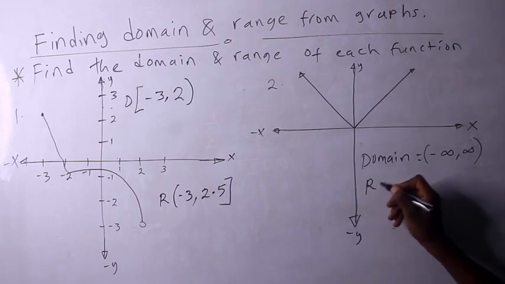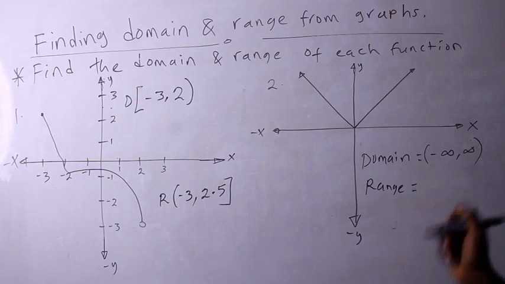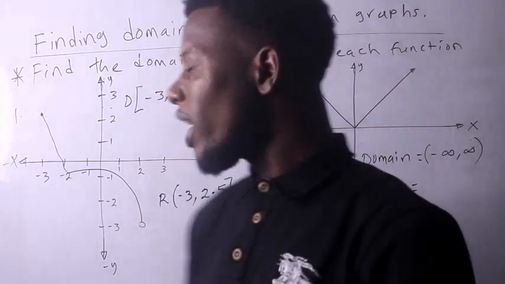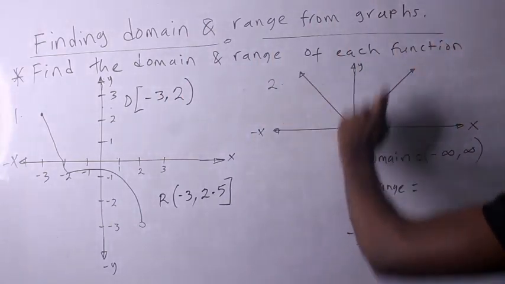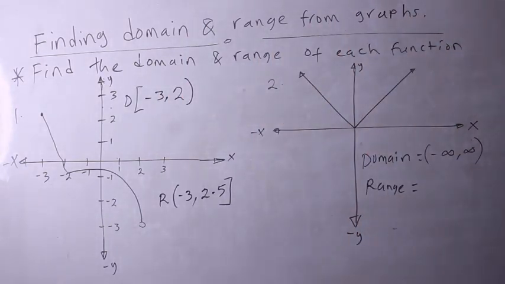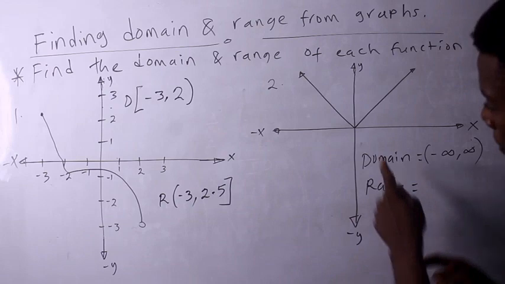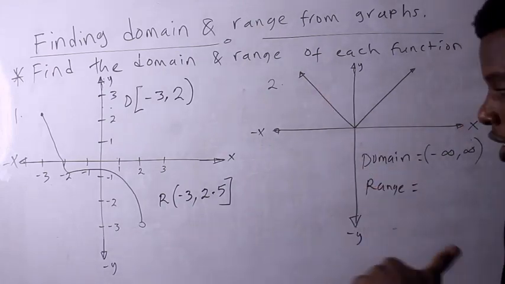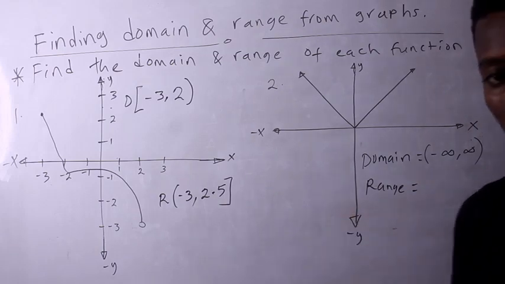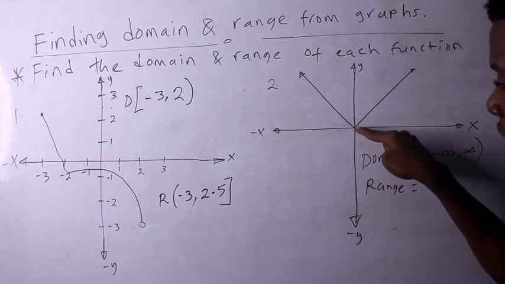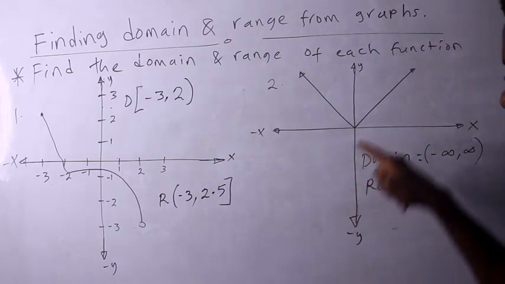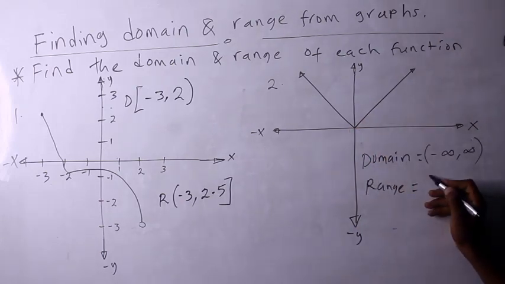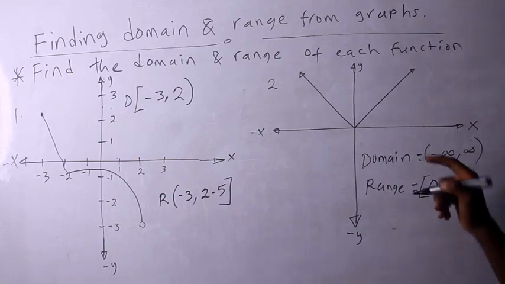What about the range? The range of this function is the set of y values, right? So look at this graph. What is the y value? Again, we start from the least to the greatest. But we see that the graph doesn't come below the x-axis. The graph is above the x-axis, and it starts from 0. So the range will be [0, inclusive, and where does it go?